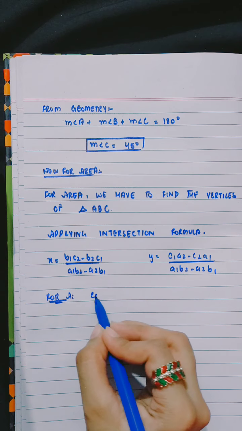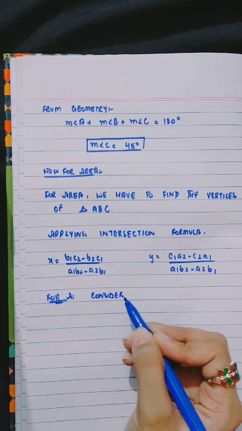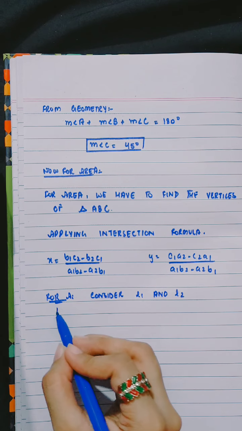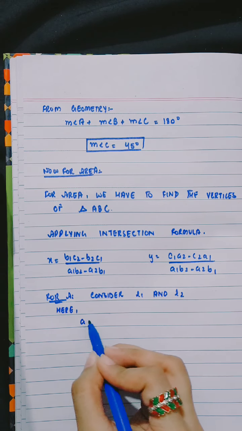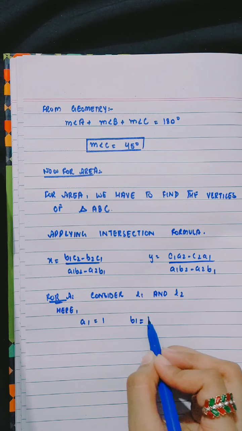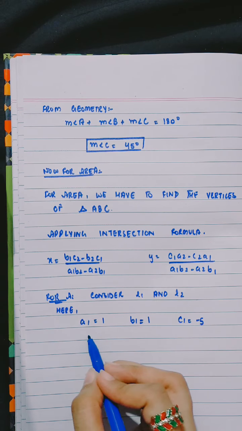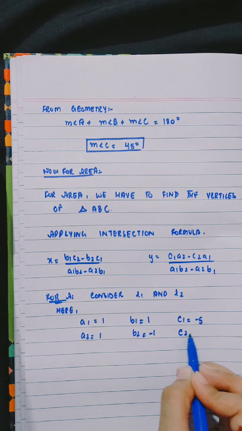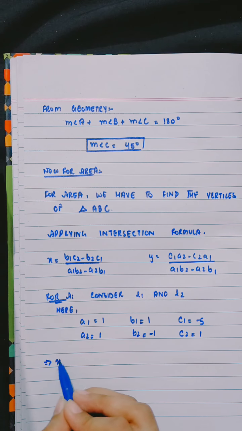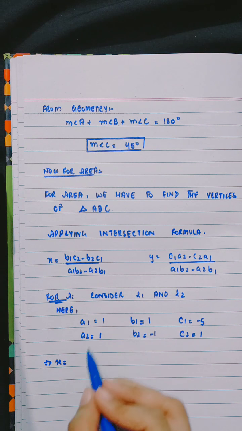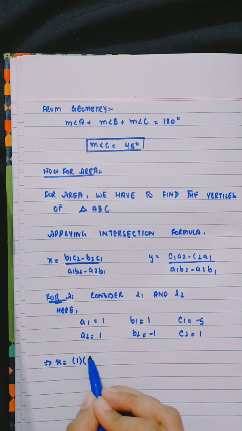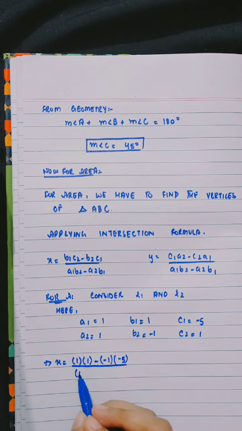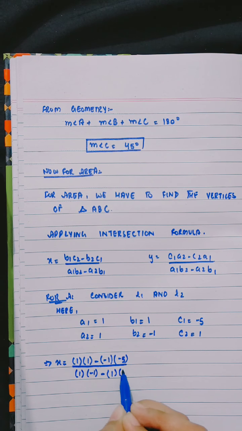For A, consider L1 and L2. Here A1 is 1, B1 is 1 and C1 is minus 5. A2 is 1, B2 is minus 1 and C2 is 1. Substitute the values in the formula. 1 into 1 minus 1 into minus 5 divided by 1 into minus 1 into 1.